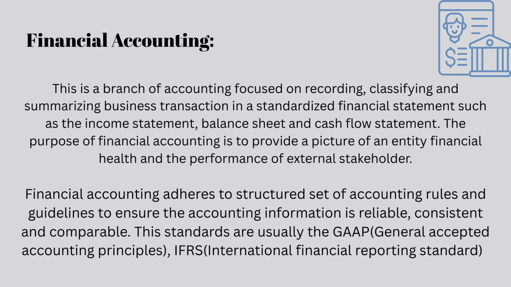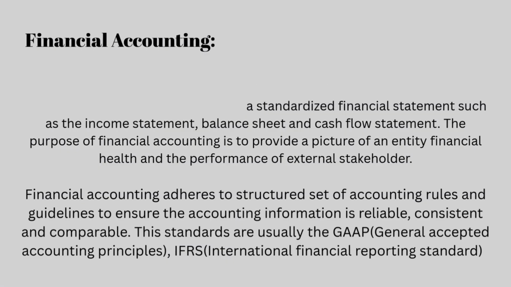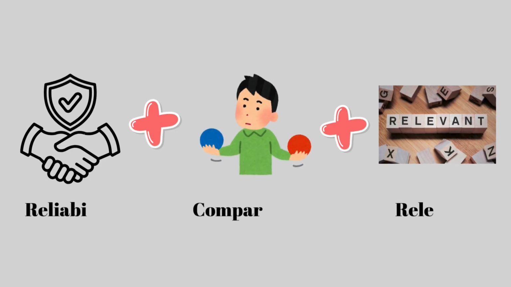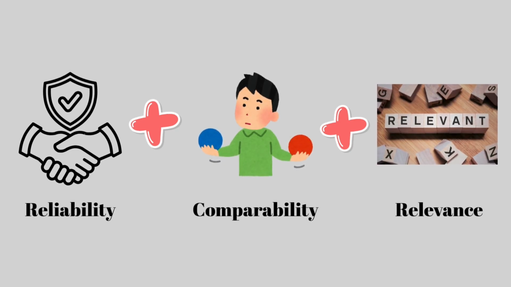This set of accounting standards and guidelines are usually adhered to in order to ensure that the accounting information made available to the general public are reliable, relevant, and comparable. So, the importance of the accounting standards are majorly these three things: to ensure reliability, relevance, and comparability.